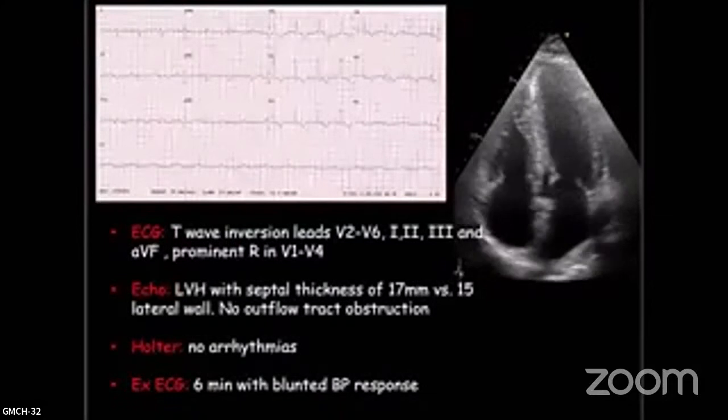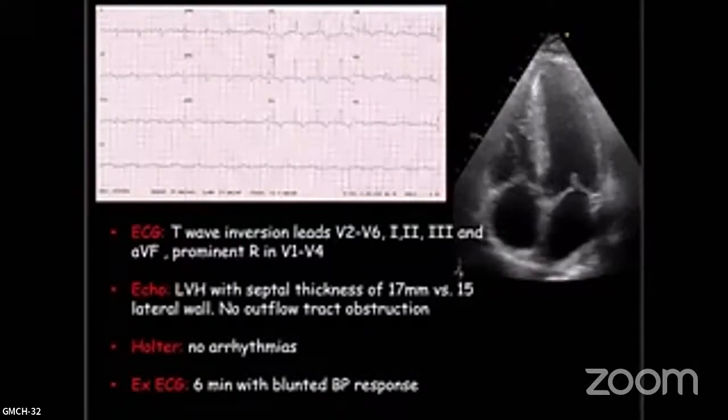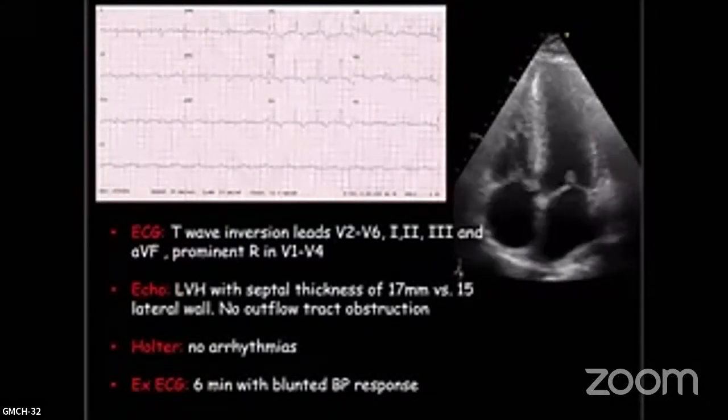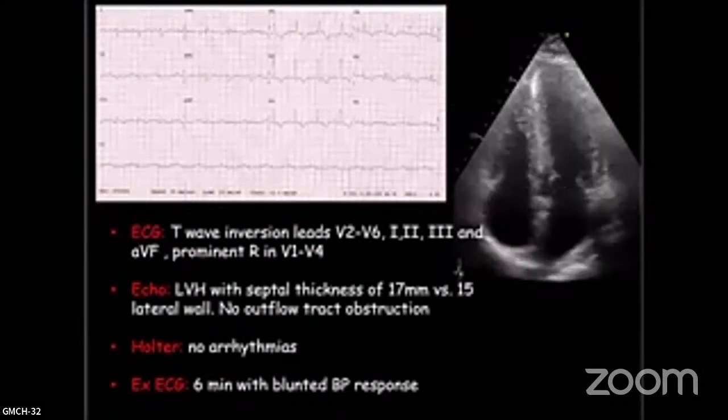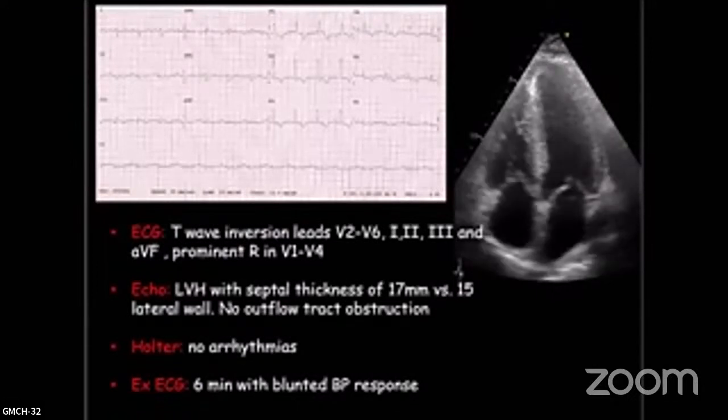ECG shows left ventricular hypertrophy, and the echocardiogram here shows septal hypertrophy with reduced longitudinal function. And because of his symptoms, we went on to do a cardiac MRI scan.